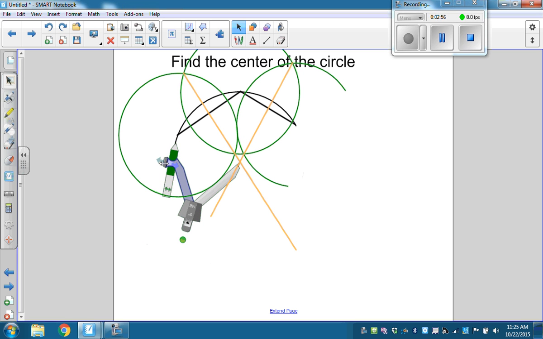And I don't think it's going to allow me to get any closer. And I should be able to test my work.